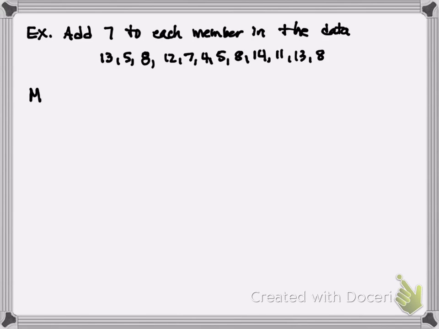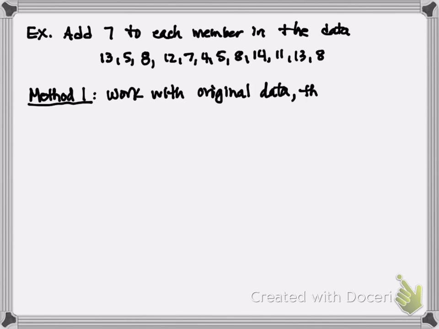So here's your 2 methods. Method 1: Work with the original, then add 7 to mean, median, and mode. The other 2 numbers will stay the same.